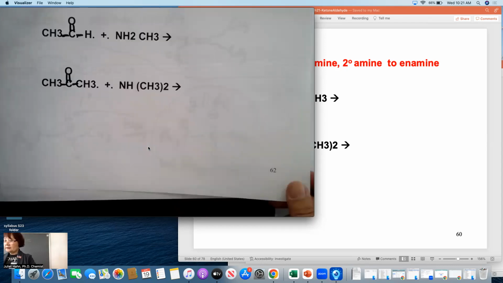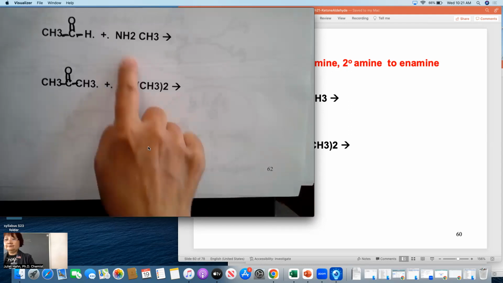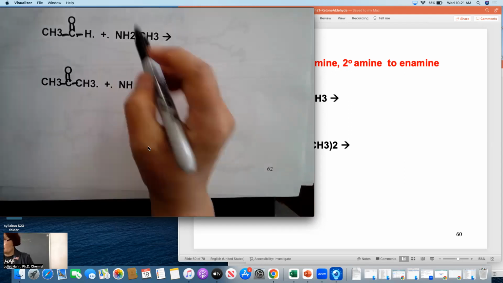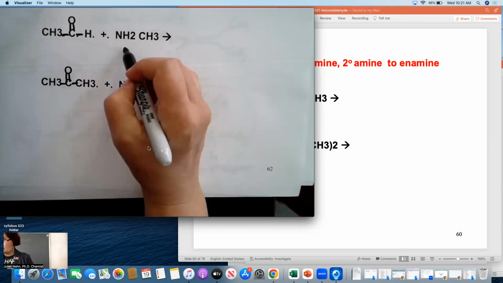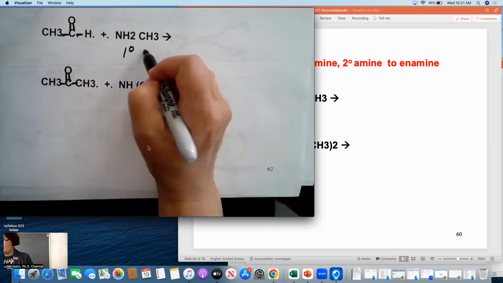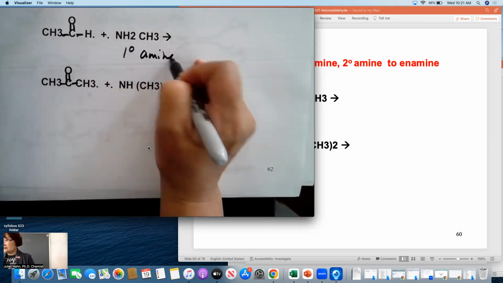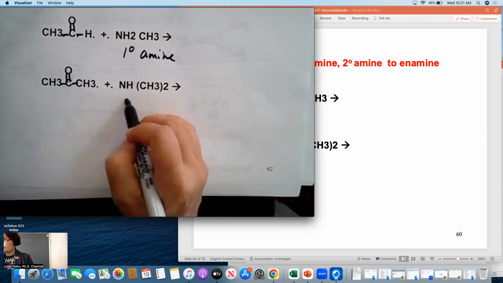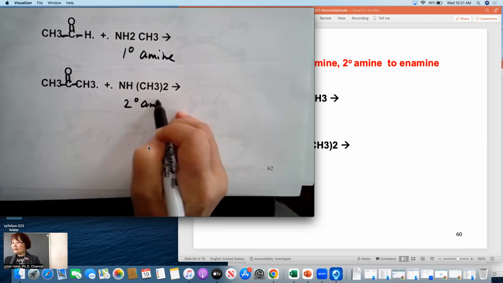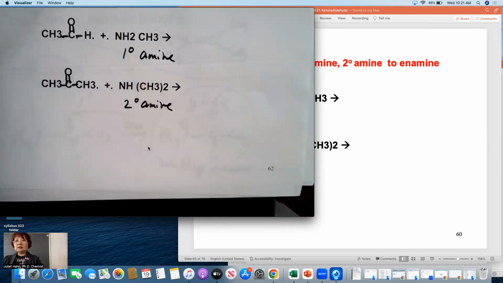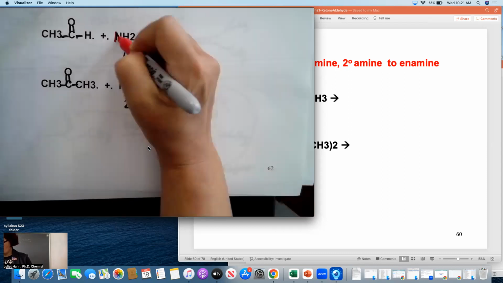Okay, so here is, what kind of an amine is this? How many R groups does that thing have? It's got one, so it's a primary amine. What kind of an amine is this? This is a secondary amine. So what are we going to do? We're going to replace that oxygen with the nitrogen. So that is going to go there.